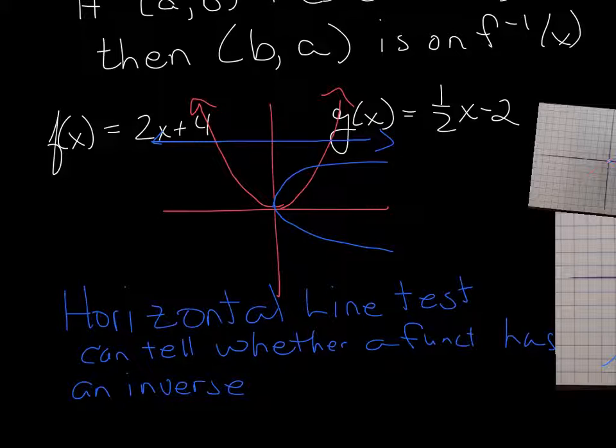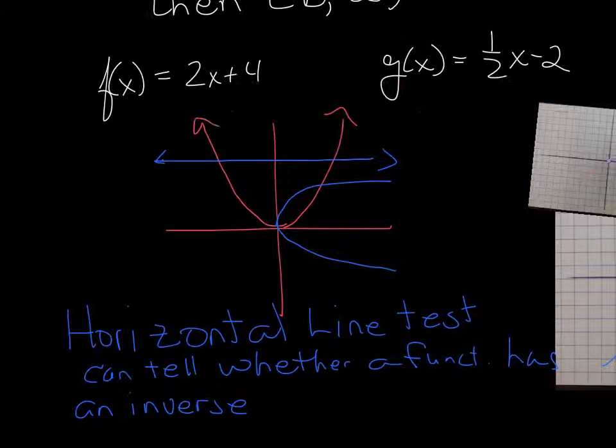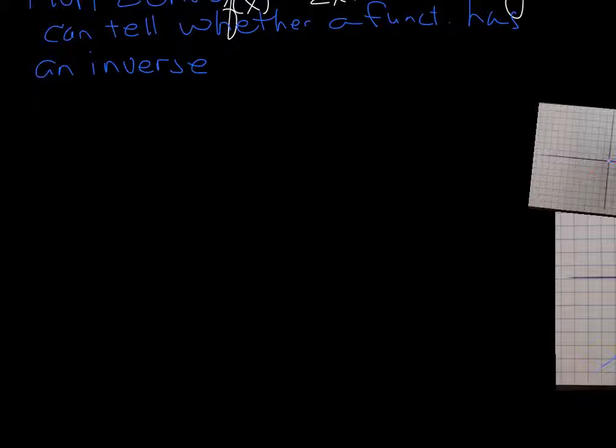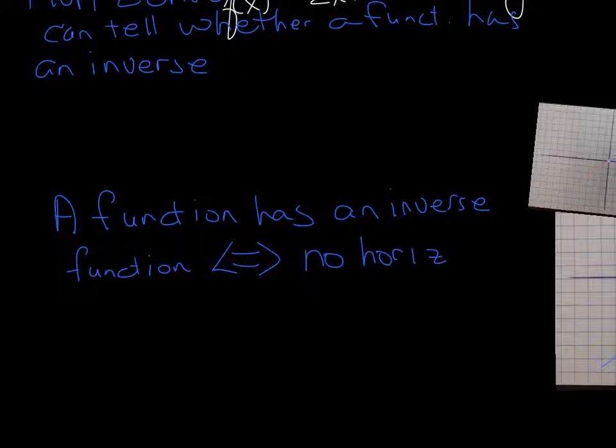So a function has an inverse function if and only if no horizontal line intersects more than once.